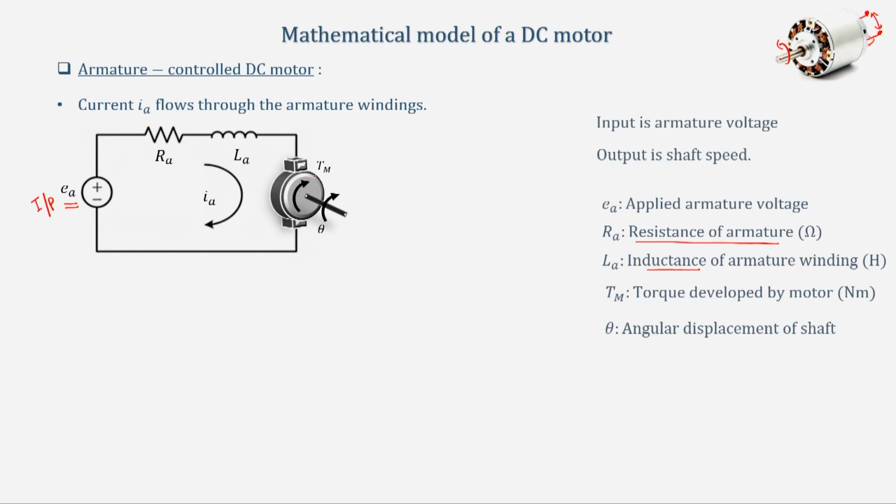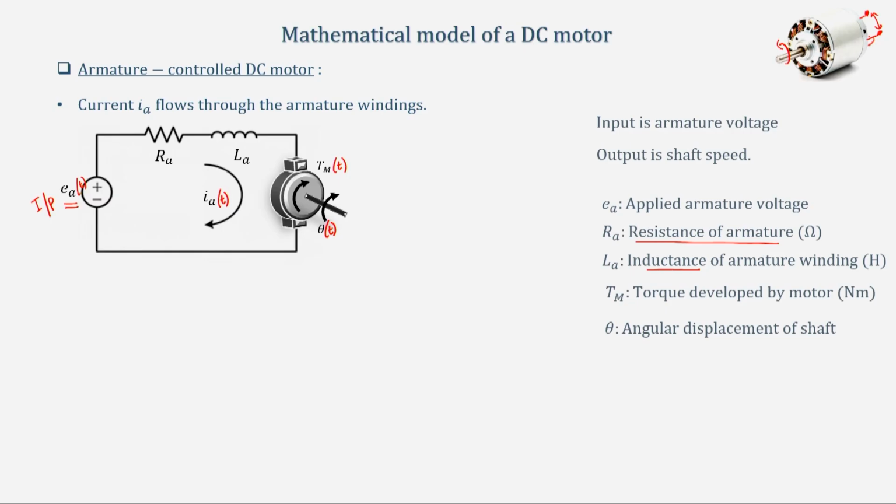As a result, the motor shaft is rotating by some angle, which we denote by theta. And there is a torque generated because of that, which we denote by Tm, motor torque. Remember these are all time dependent variables, although I have skipped the time variable here. Ra and La are only constant variables here.